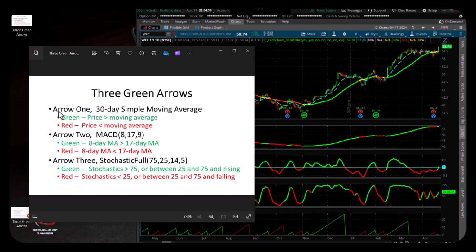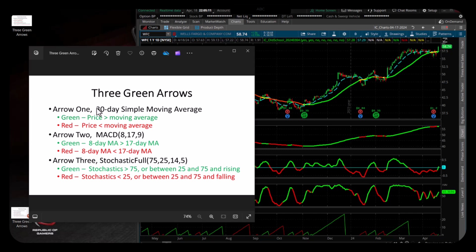I will say that in this particular case for the three green arrows, each of the sub-strategies is quite distinct and different from the other two. In the first case, we've got a 30-day simple moving average, which is different from the MACD, which takes the difference between two other moving averages, here 8 and 17.